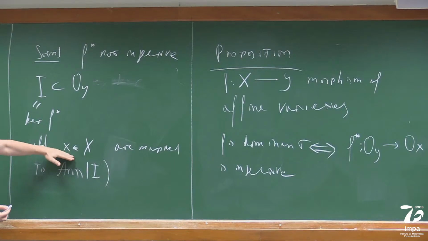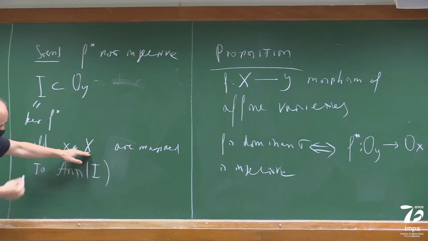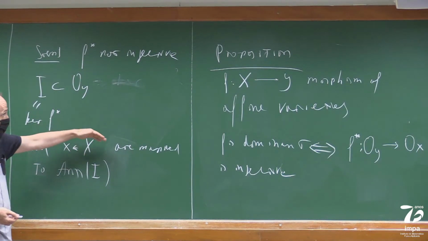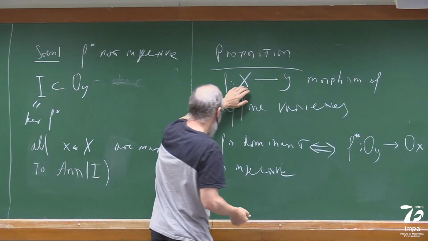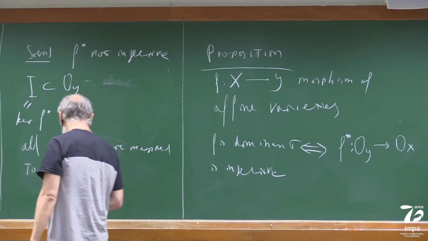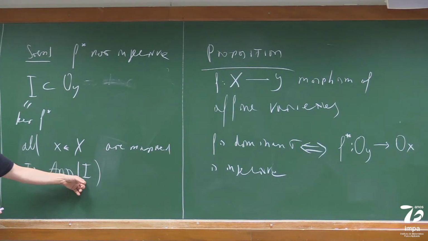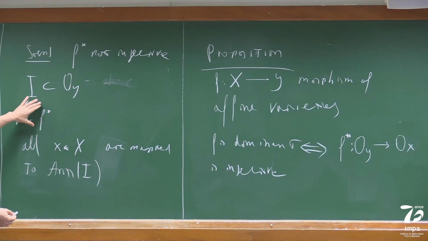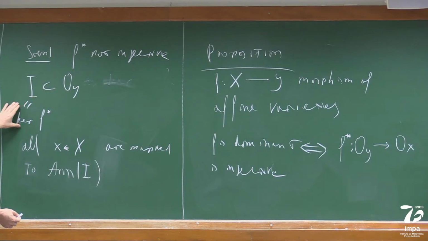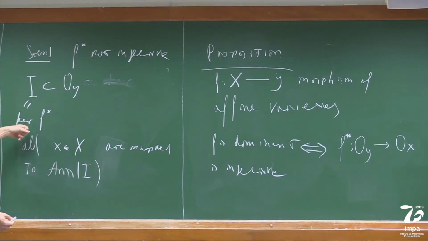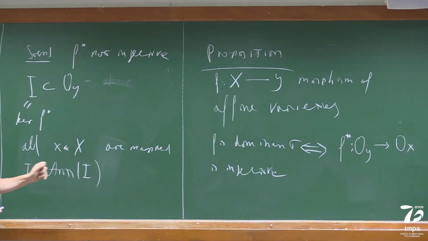And for each point x in the first affine variety X, it's mapped to the annihilator of I, because it will vanish in the image of x.